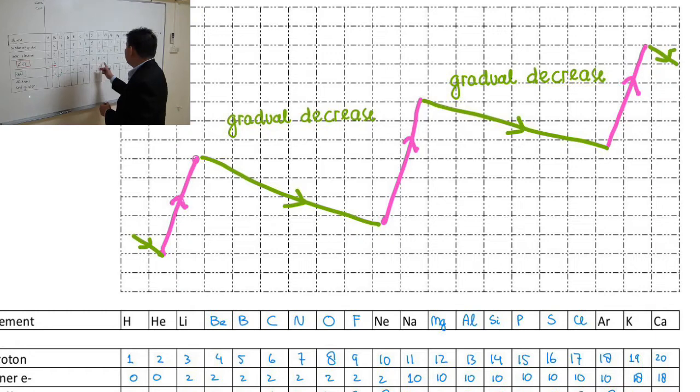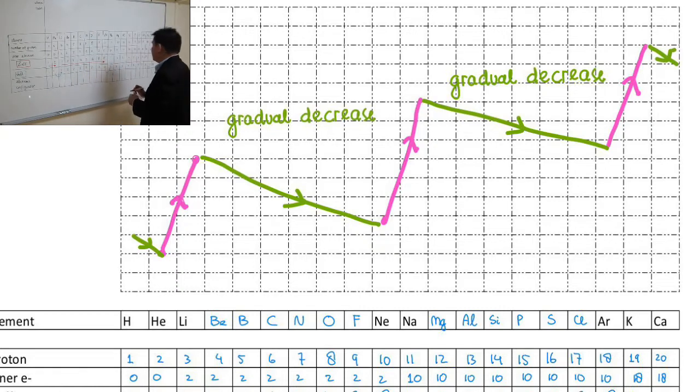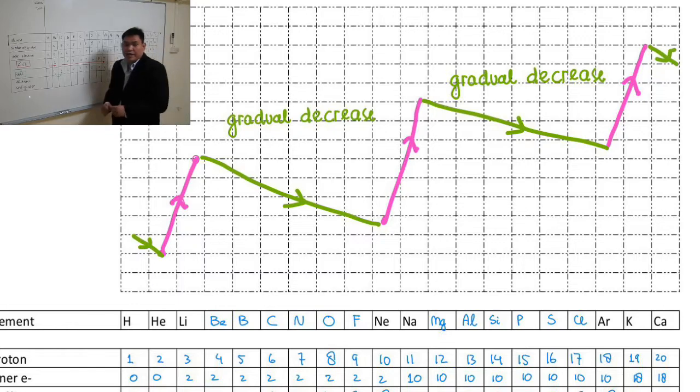So from lithium to neon also, you're going to see a gradual decrease of atomic radius. And also from sodium to argon, a gradual decrease of atomic radius. The same thing happens for potassium and calcium. Calcium will be slightly smaller than potassium.